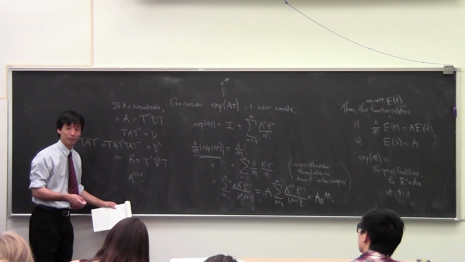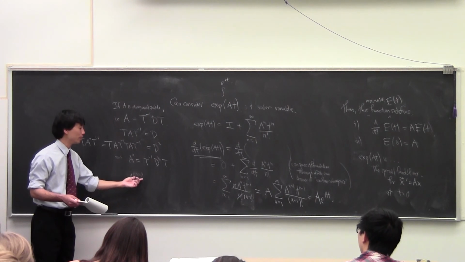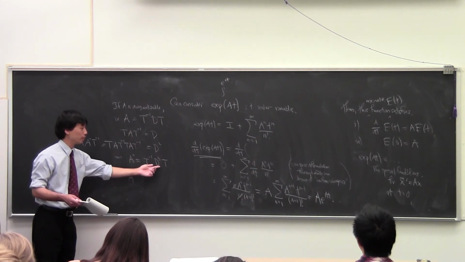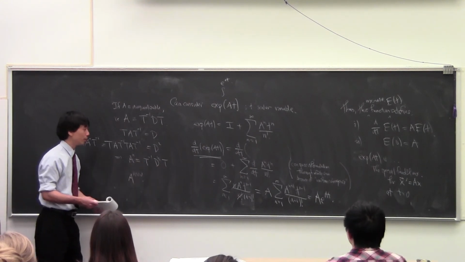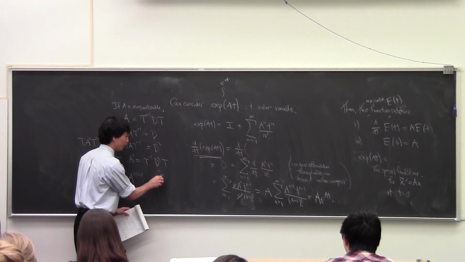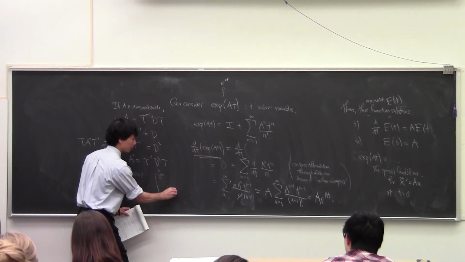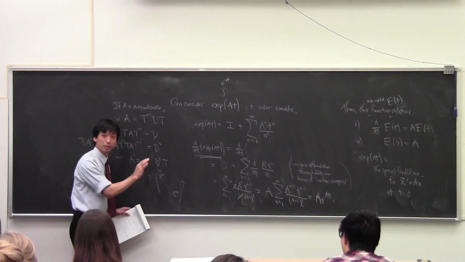There's not much you can do, you just start multiplying. But if your matrix is diagonalizable, all I need to do is take the diagonal matrix and raise it to the thousandth power. That would just be the entries to the thousandth power, and then I conjugate at the end.